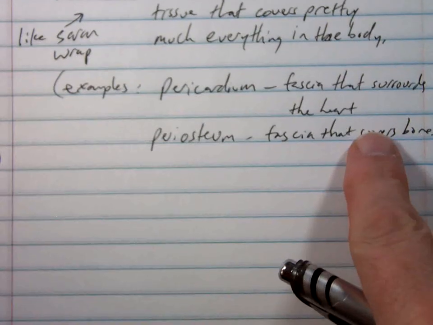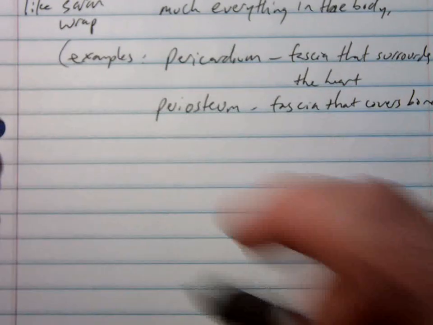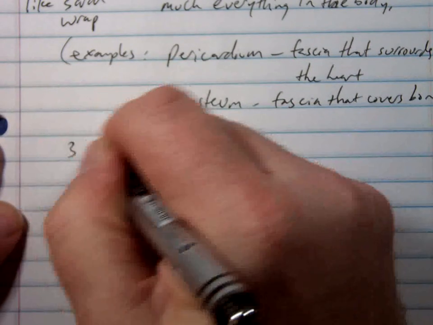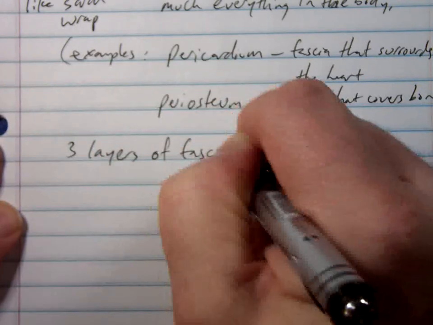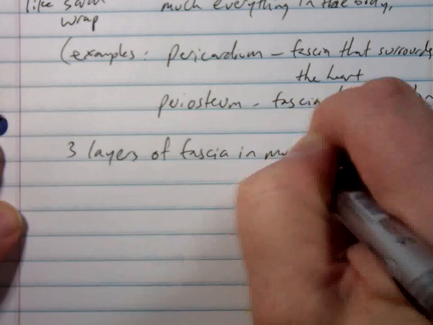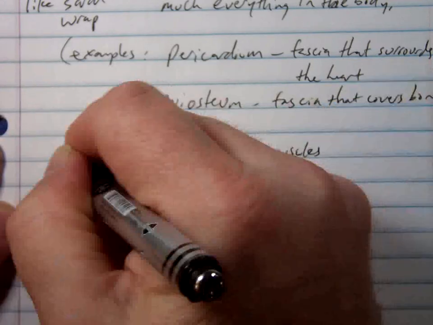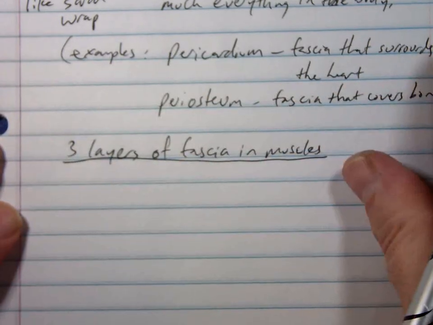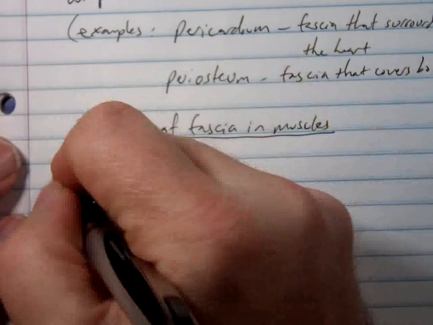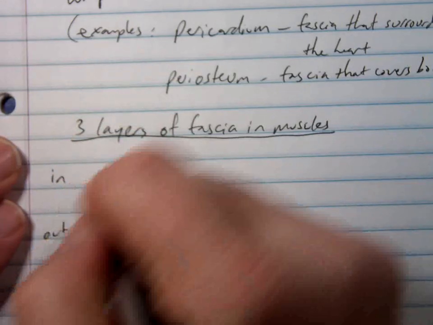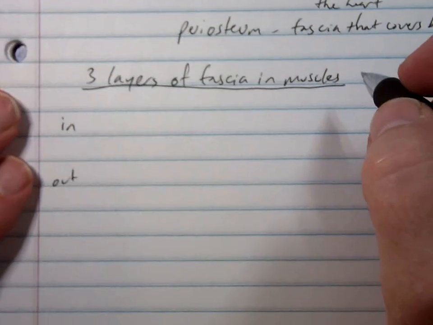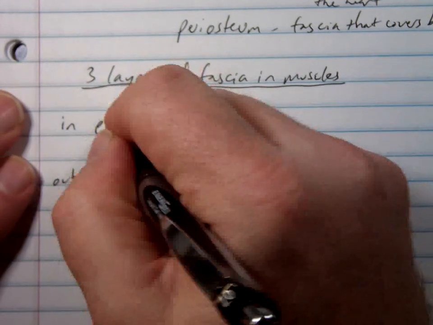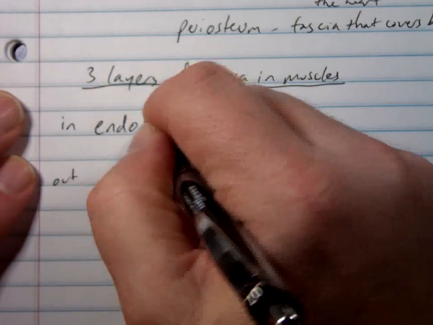Now, in muscles, there are 3 layers of fascia. We're going to go from in to out on this. So this is the innermost, this is the outermost. The first layer of fascia in muscle I want to talk about is something called endomysium.